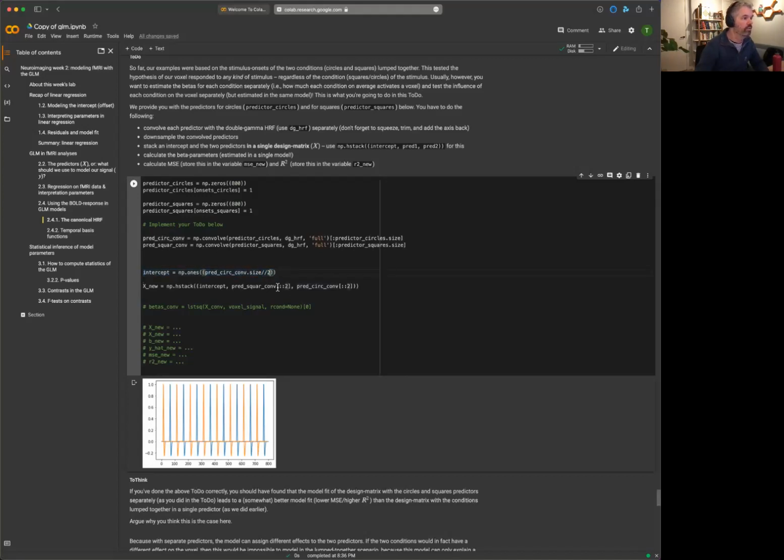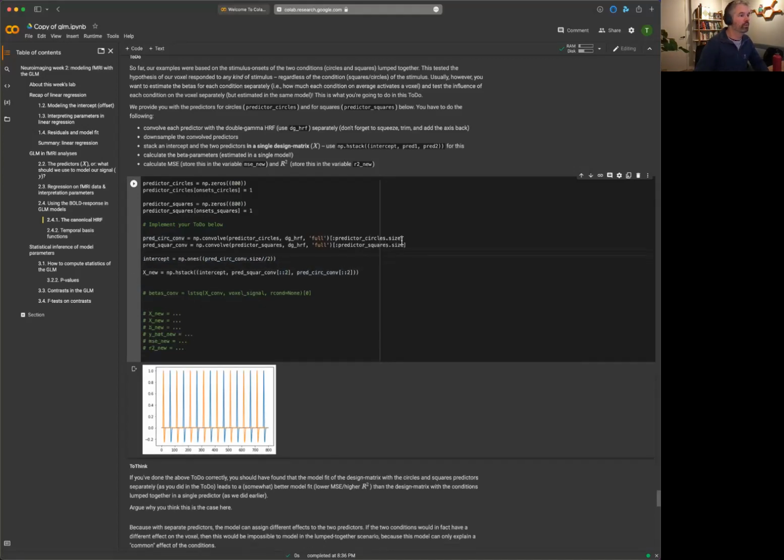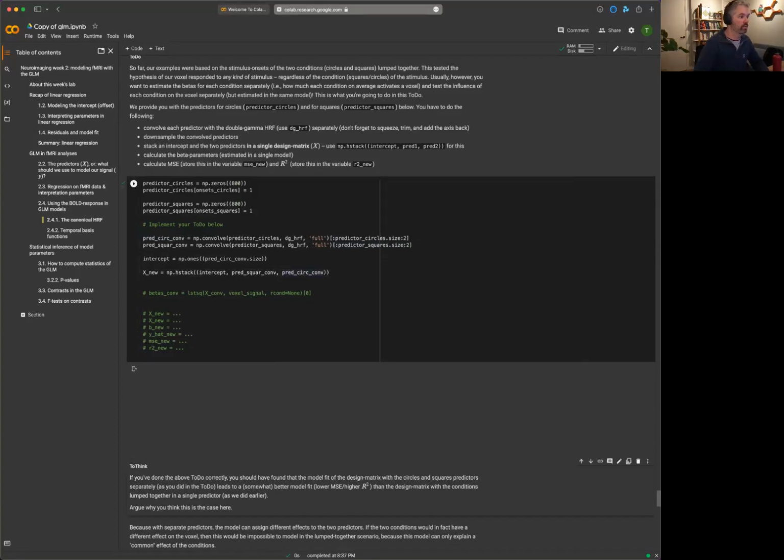And then I still have to subselect those even time points. That's all fair. It's not the prettiest way of doing it. Normally you could subselect like so, right? So you're already selecting the odd time points up until that point. Then you could do this, you don't have to have the number anymore, and this would also work.